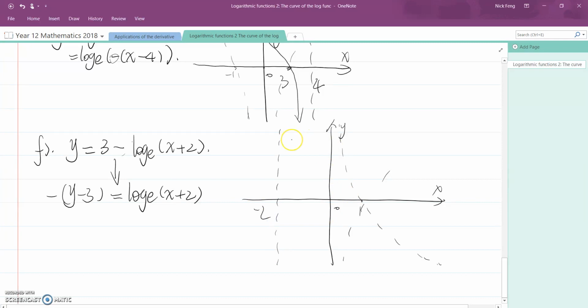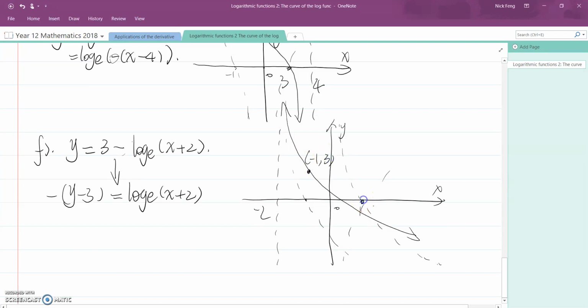And when you cross that, it should be 1 unit to the left. Therefore, that is before you move it up by 3 units. So if you move it up by 3 units now, that would look like something like this. And you have to mark this point. This point has to be -1 and 3.